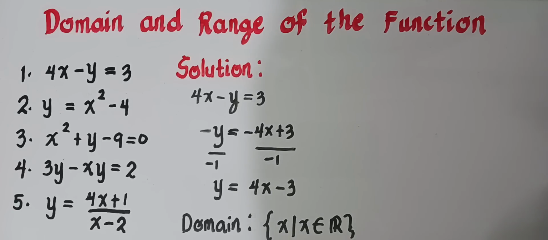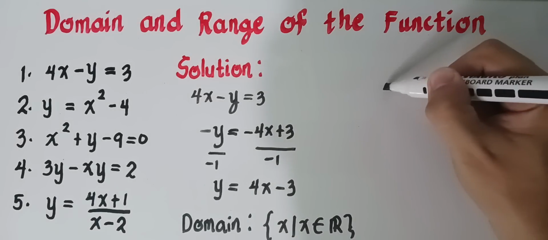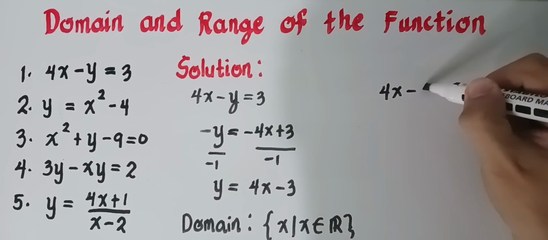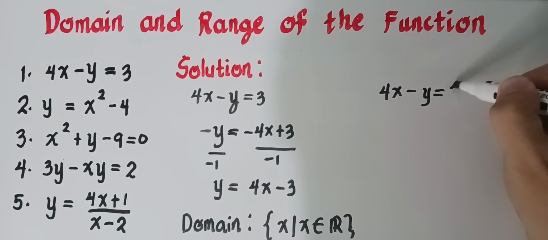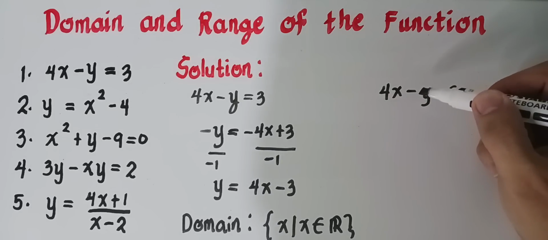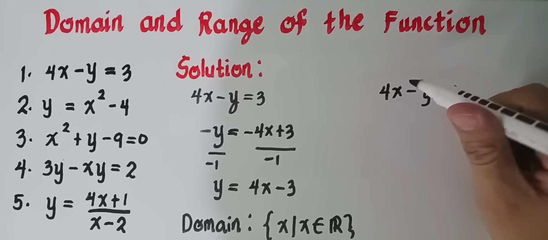Okay, so para masolve naman natin yung range, solve for x naman yon. So we have 4x, copy the equation, equals 3. So solve natin to find the range, solve for x, okay, in terms of y.